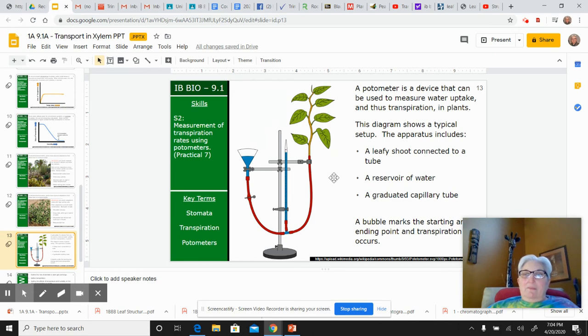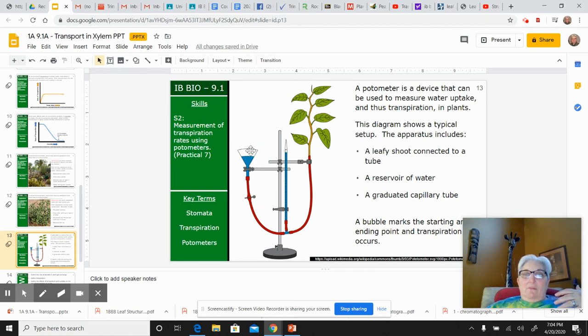The diagram shows what our apparatus here looks like. The key is to have a good seal over here where the plant is, so that transpiration is only occurring through the leaves of these plants, and it's not coming out of a pore connection here.